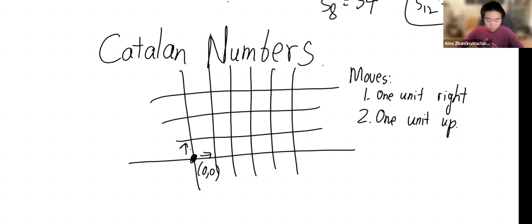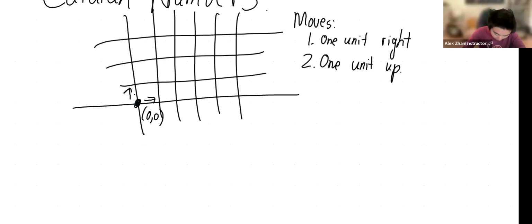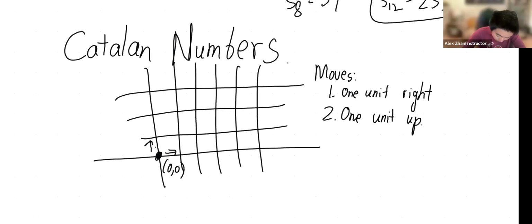The particular grid walk we are going to talk about is the number of ways to start from 0, 0 and end up at some point n, n, while staying under the line y equals x, as we do not want to go above it.